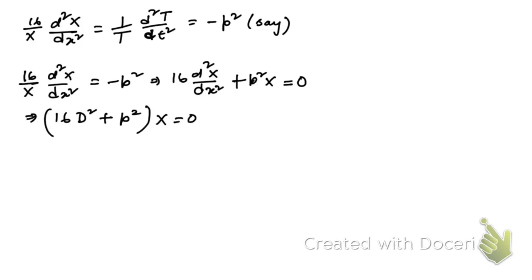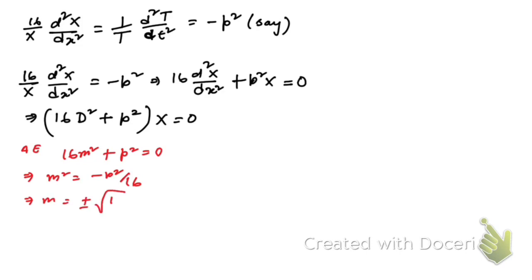So our auxiliary equation is going to be 16m square plus p square is equal to 0, and that gives m square equals minus p square by 16, and the square root of that is plus minus root of minus p square by 16.